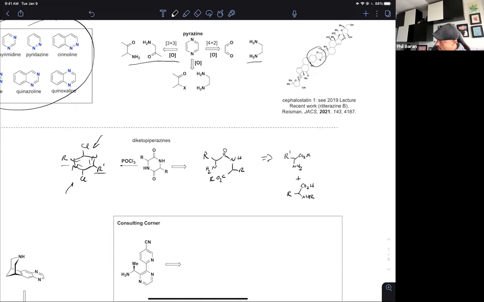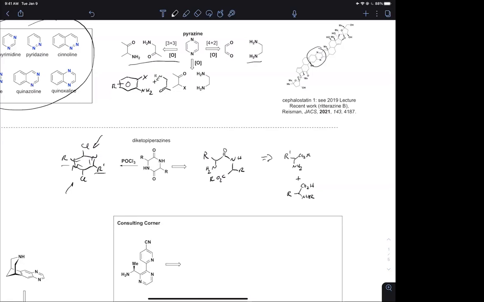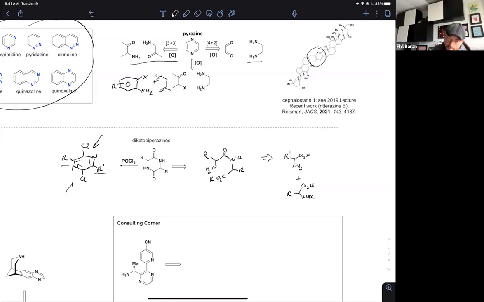The 3+3 approach is perhaps best viewed through the lens of the benzo fused system. So if you have this type of system plus that, that is a manifestation you will see a lot. So these approaches that I show at the top, the benzo analogs are also known, equivalencies of those.